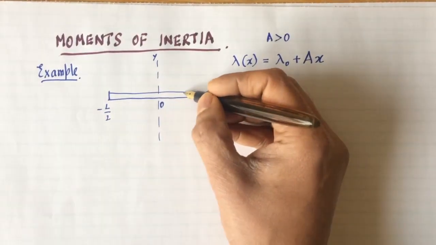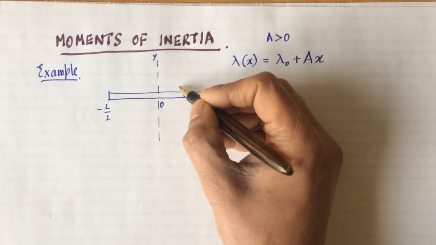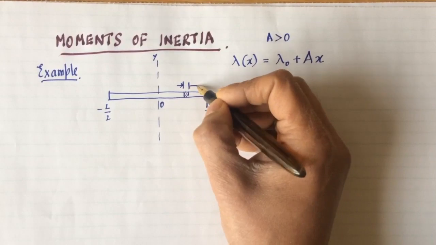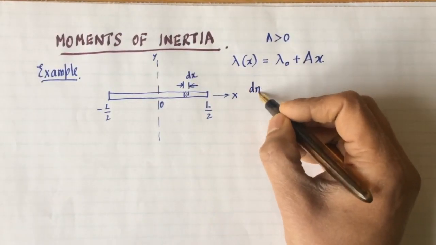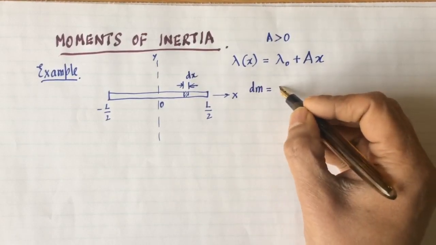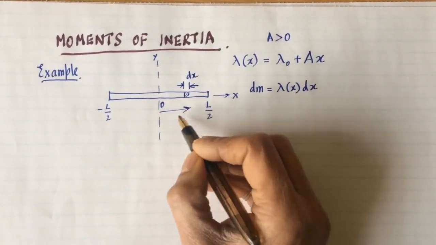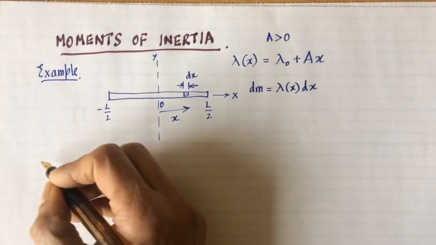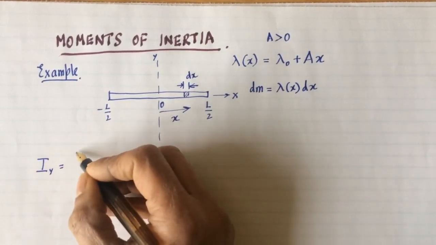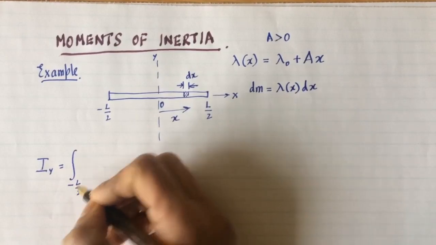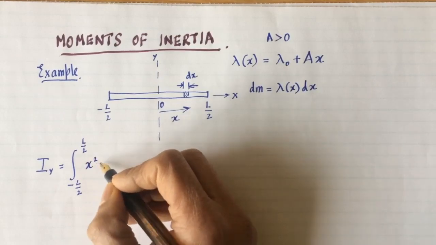The same setup. So you take this little mass element, we'll call it dx in length, and because that's lambda, the mass of the element is dm, which is lambda of x dx. So we can find the integral just as we did before. Iy is going to be the integral from negative L over 2 to positive L over 2 of x squared dm.